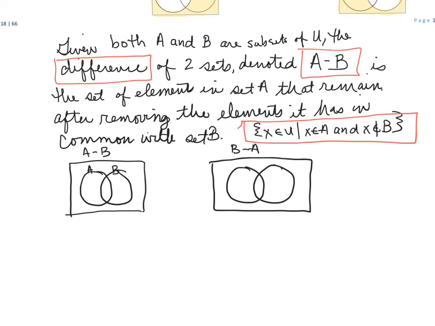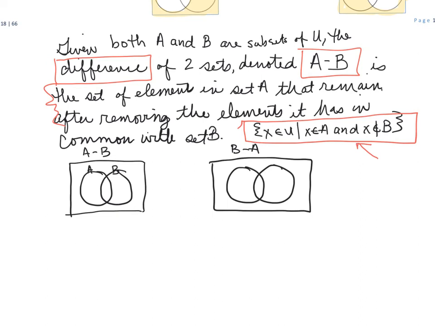So given both sets A and B are subsets of the universal set U, the difference of two sets, denoted A minus B, is a set of elements in set A that remain after removing the elements it has in common with set B. So formally, X is an element of A minus B if X is an element of the universal set such that X is an element of A and X is not an element of B. Okay, I feel like this description is a little bit easier to figure out than this formal definition.